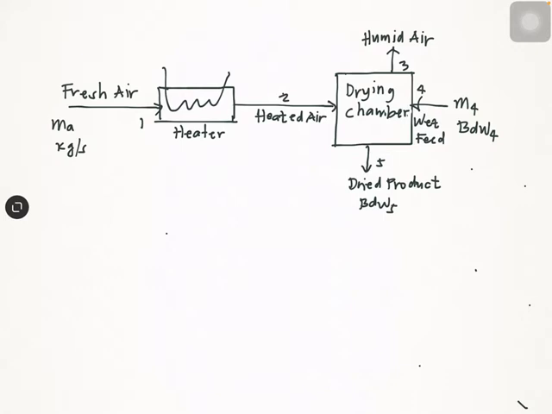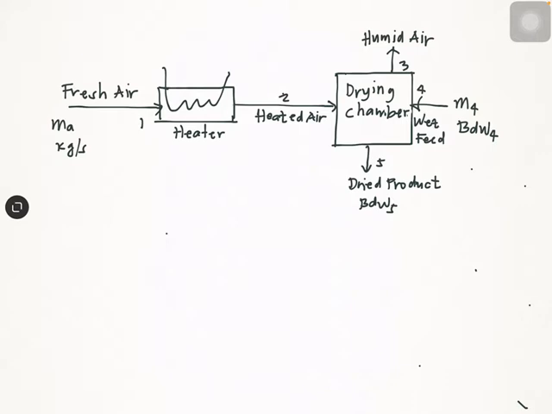Point 1 passes through the heater, then the heated air at point 2 enters the drying chamber. At point 3 we have the humid air out, and at point 5 we have the dried product. This is the BDW5. And at point 4 we have the wet feed, or the BDW4.